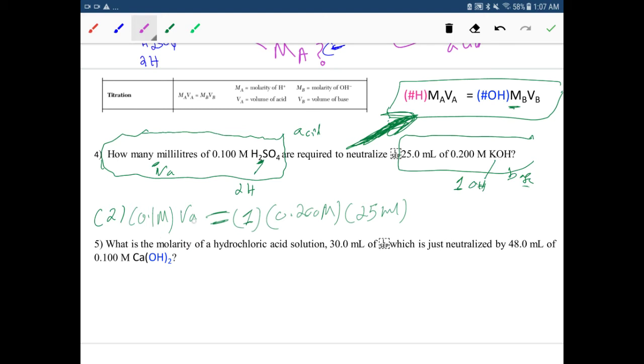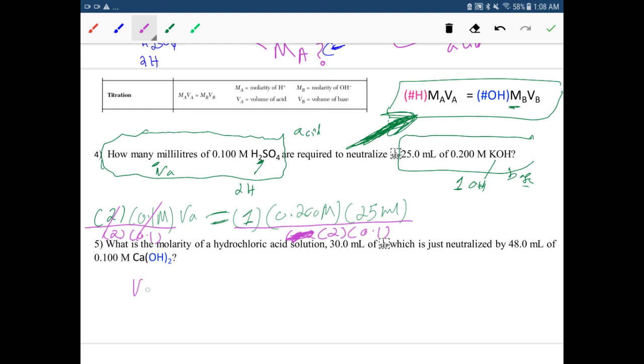To isolate VA by itself, I'm going to divide both sides by 2 times 0.1. When I do this, these will cancel out. So once I do this, I get VA by itself.